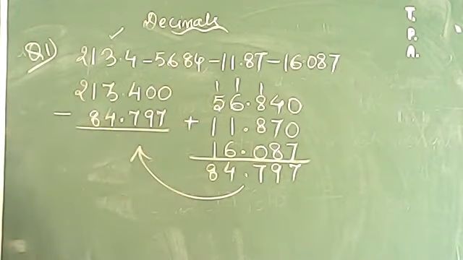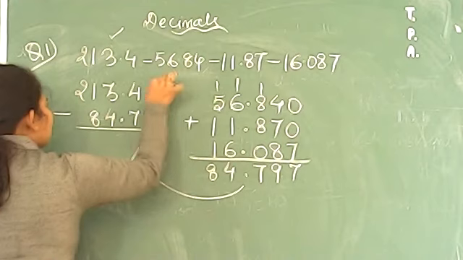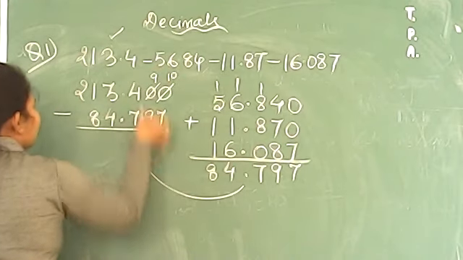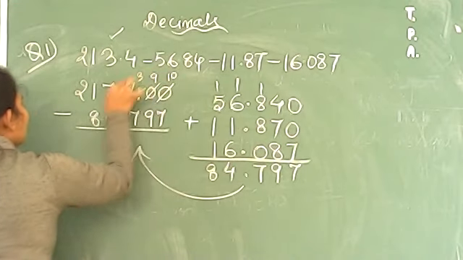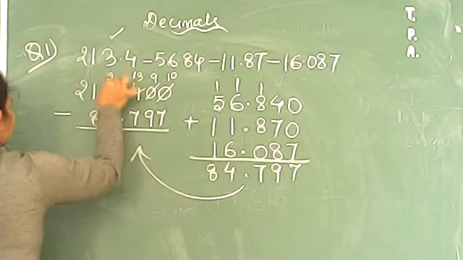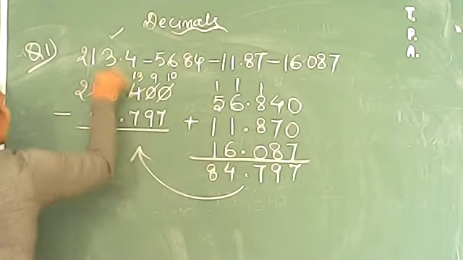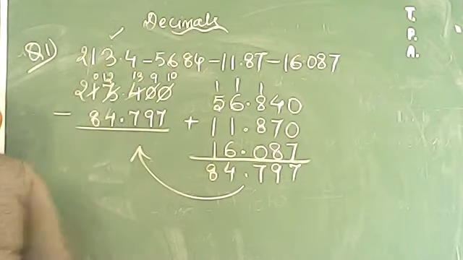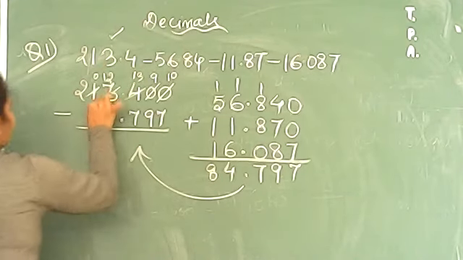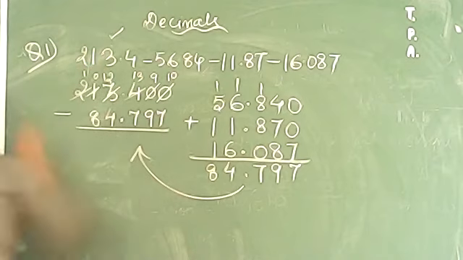Okay. Let's subtract and see the answer. This would be 10. This would be 9. And this would be 3. So this would be 13. This would be 2. This would be 2. So it would be now 12. And this would be 0. Okay. And this would be 0. So this would be 1.